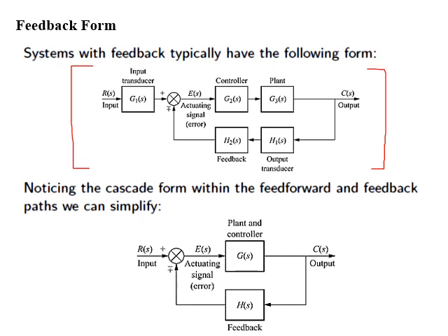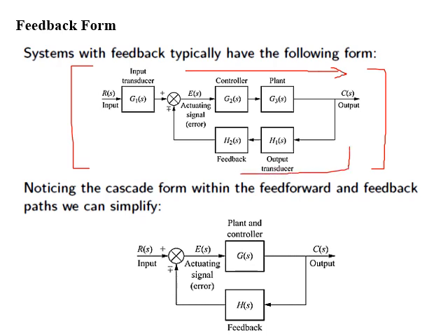If you look at the path from the actuating signal, which is error E of S, controller G2 of S, and plant G3 of S, and then output C of S, this is known as the forward path, and in this, controller and plant are connected in series.